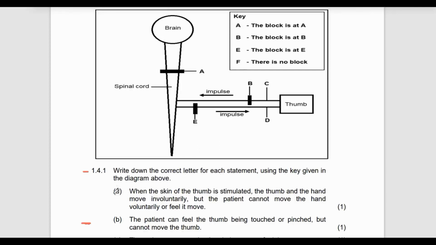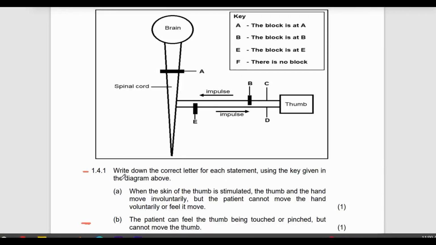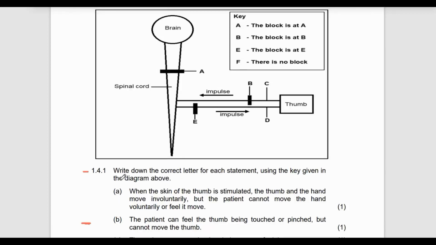Meaning we have to answer these questions in relation to which letter you think the blockage is at. So if, reading the statement at A, you think the blockage is at E, you can just write E. I'll explain everything.